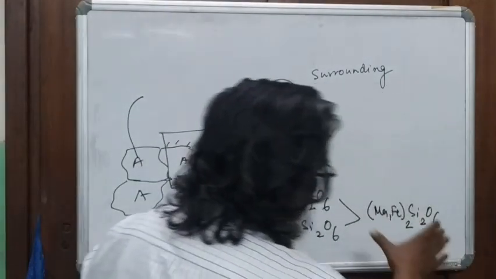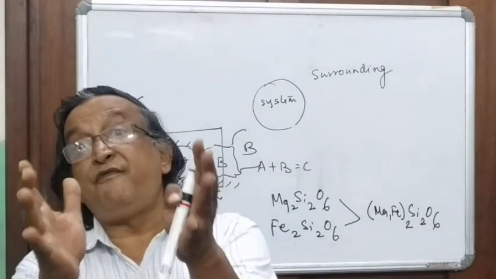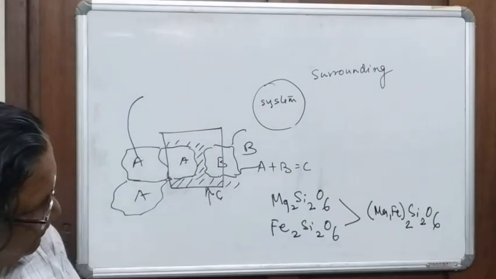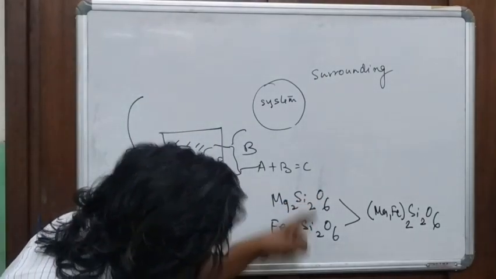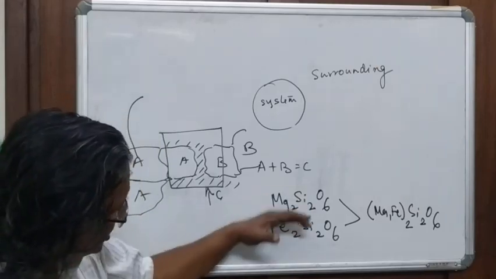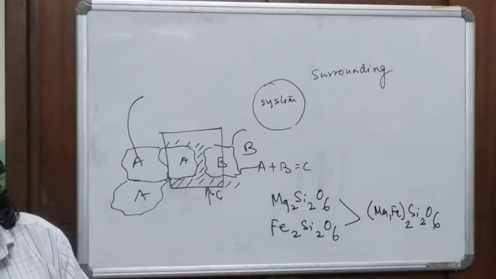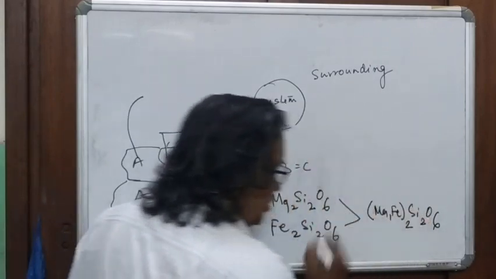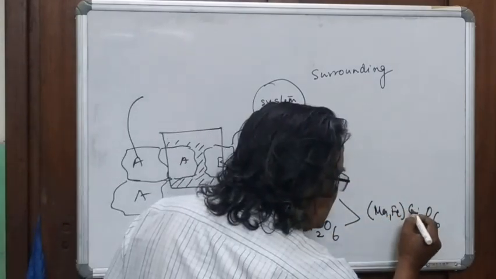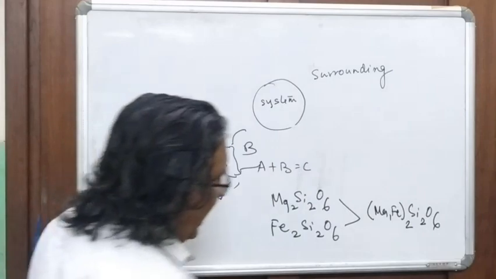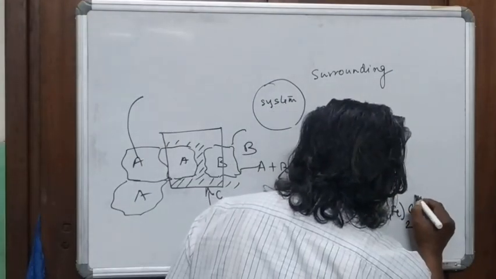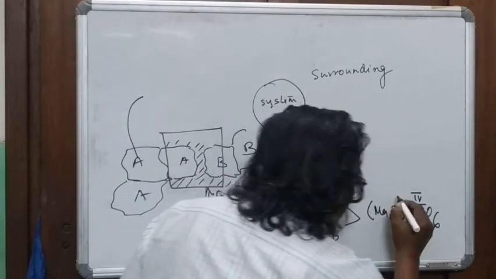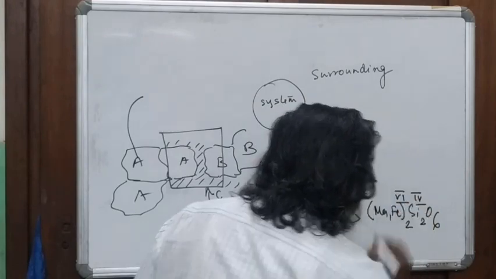So this orthopyroxene, which is a mineral phase, has two components, enstatite and ferrosilite. Okay? But when I talk about it, this silicon, for example, is on a tetrahedral site, and this is on an octahedral site.